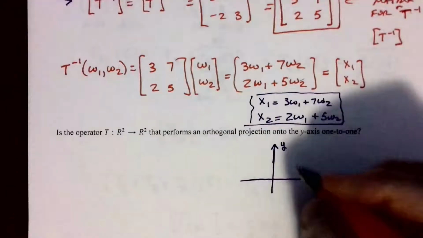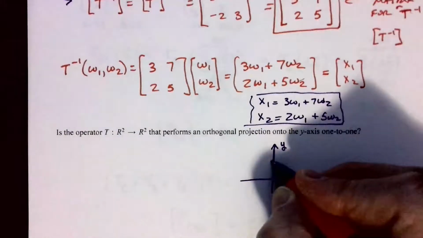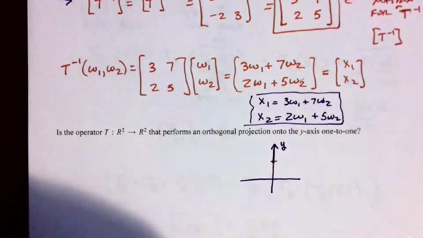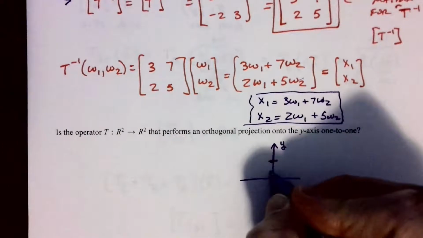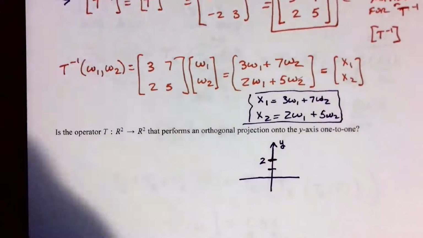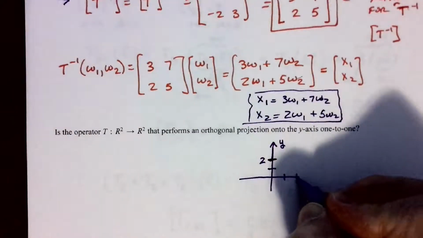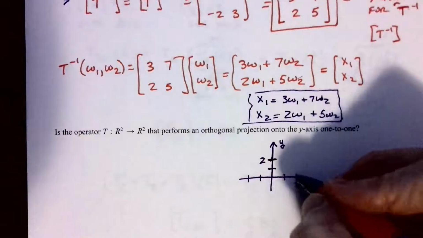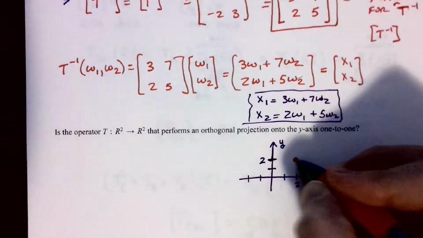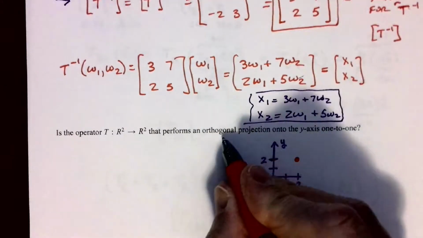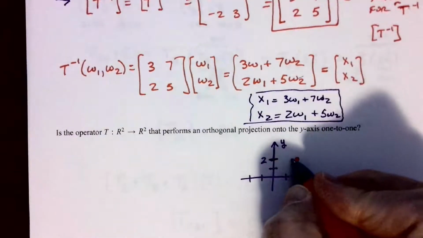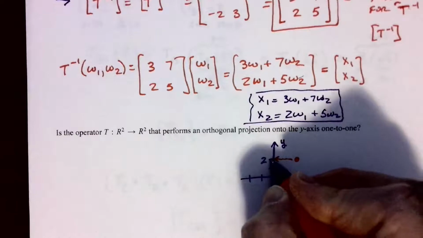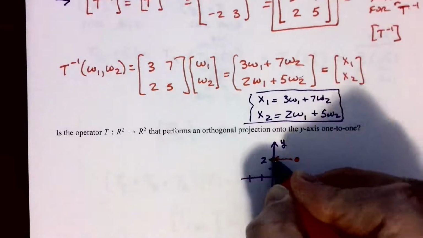If I have any point here, let's say at a height of y equal 2. Okay, and let's put some x values down here. So if I'm at the point 2 comma 2, where does it go if it's projected orthogonally onto the y-axis, right? It goes right to 0 comma 2.